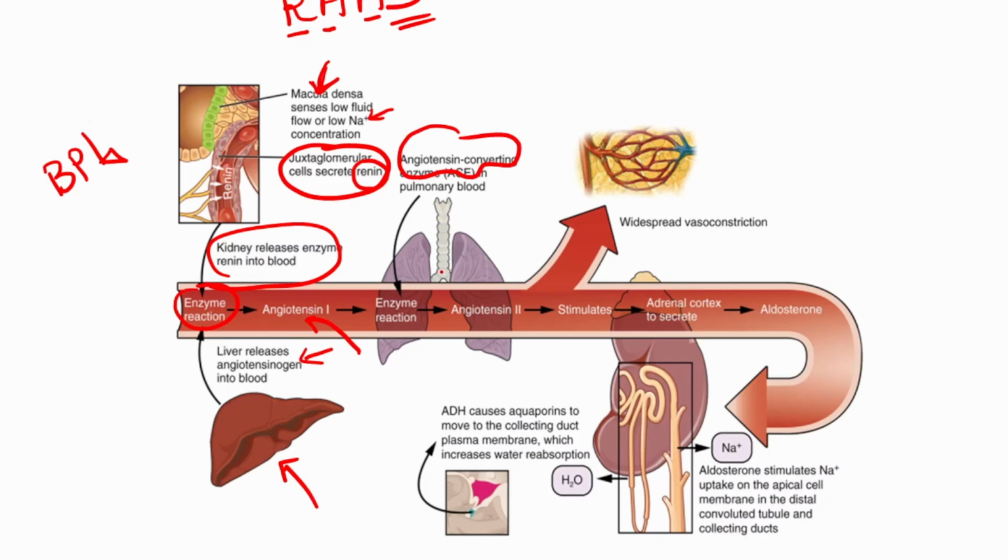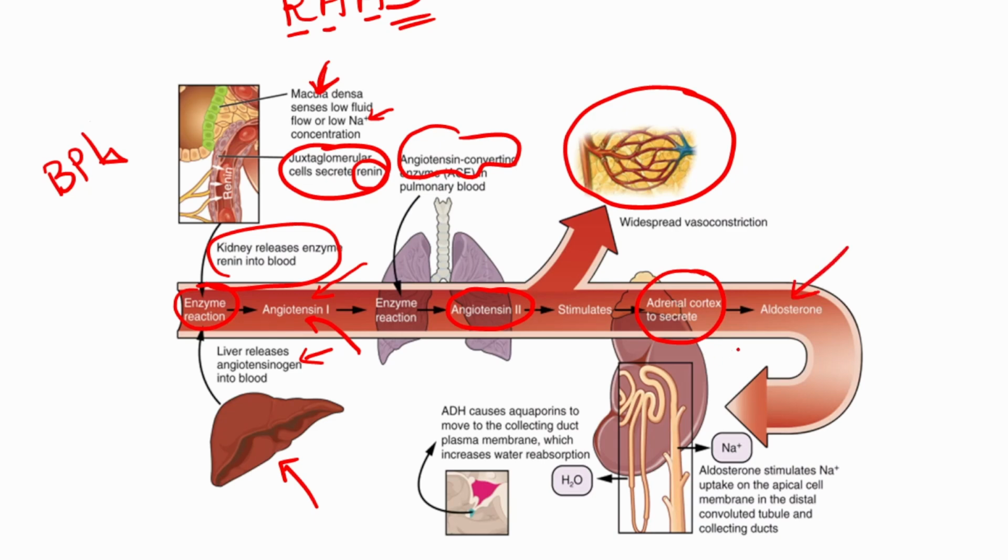ACE cleaves two amino acids from the chain, converting this molecule of angiotensin 1 into a highly potent hormone which is called angiotensin 2. Angiotensin 2 immediately executes a dual defensive strategy to raise pressure. First, it binds directly to vascular smooth muscle, shown over here, to cause widespread vasoconstriction to elevate resistance, while simultaneously stimulating the outer cortex of the adrenal gland to secrete aldosterone.